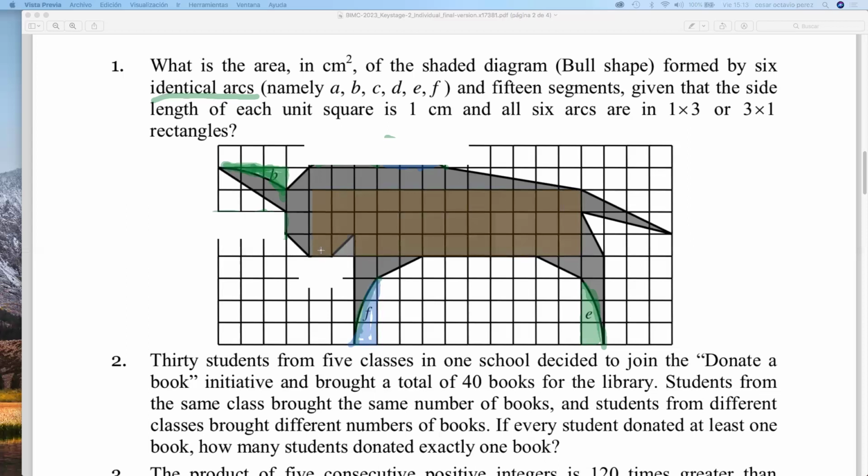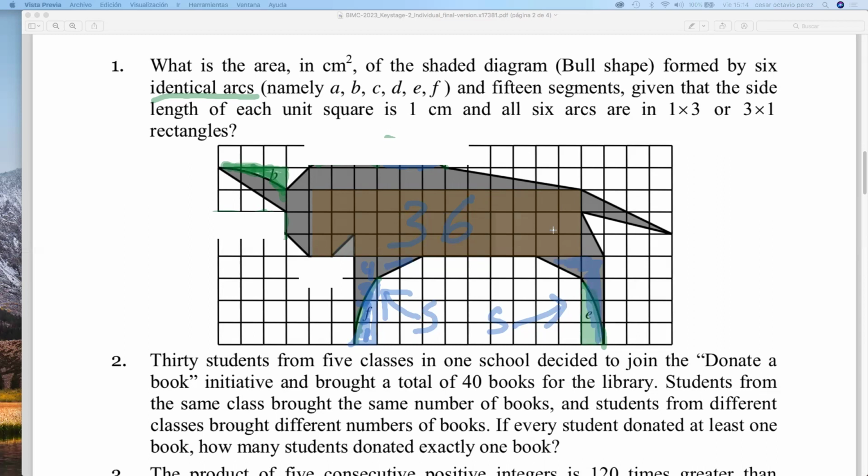Here we have 36. Okay. And we can count. Here we have 1, 2, 3, 4, and this is 5. We have here 5 and here another 5 in this part of the figure.